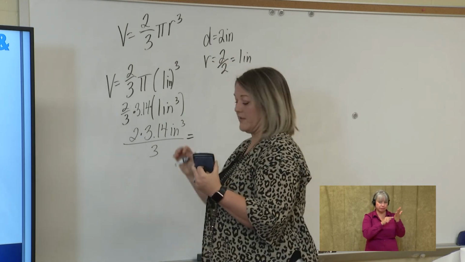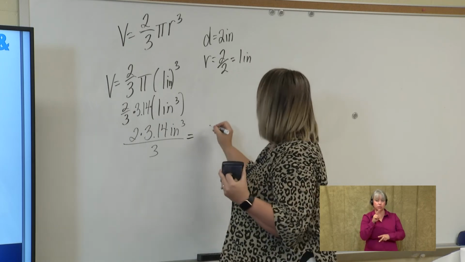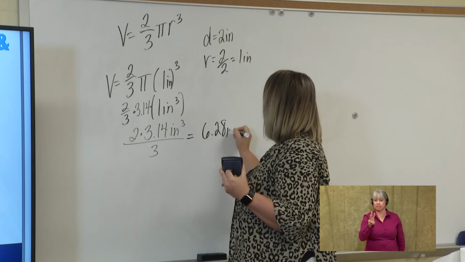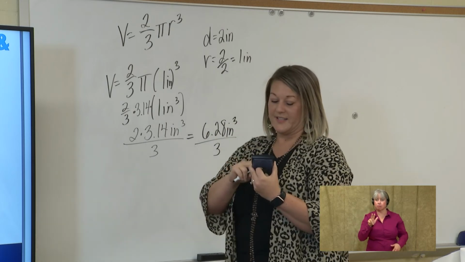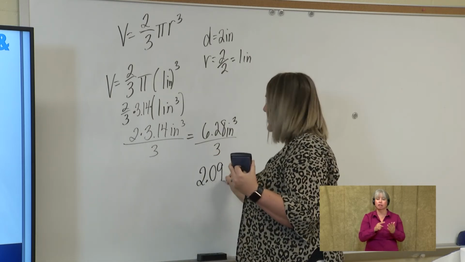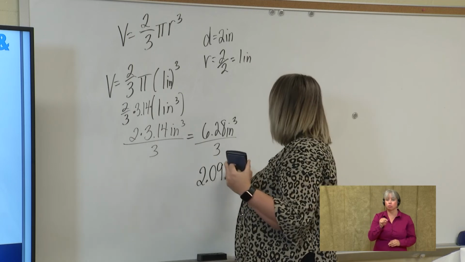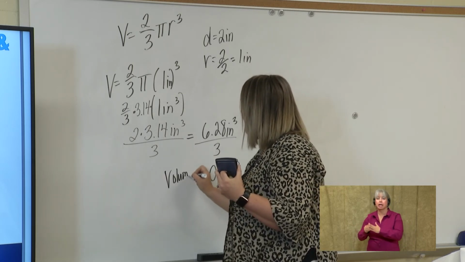Okay, 3.14 times 2 gives us 6.28, and divide that by 3 gives us 2.093 repeating. So we're just going to say 2.09. That was the volume of that hemisphere.